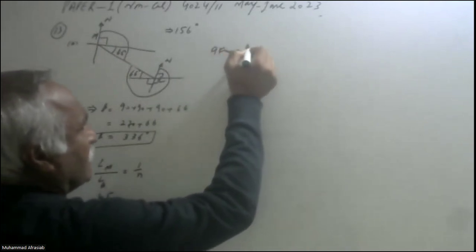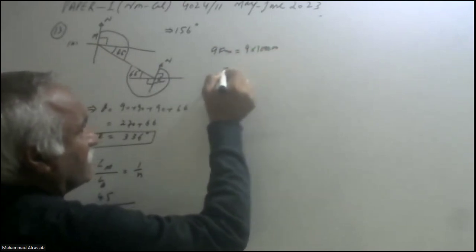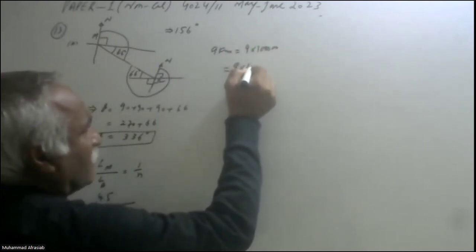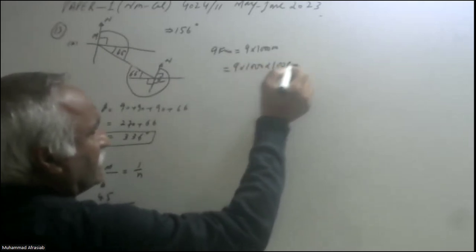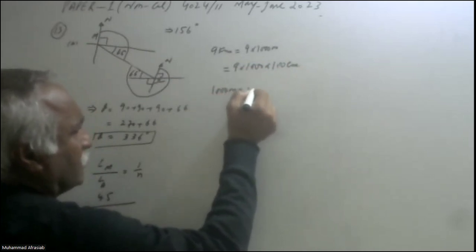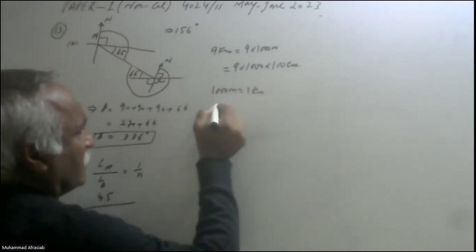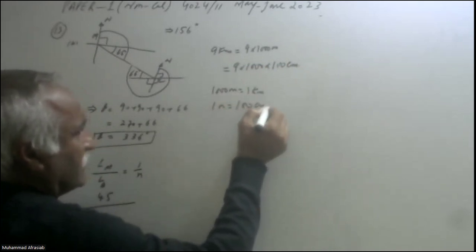So which is 9 into 1000 and that would be meter. 9 into 1000 into 100 and that would be centimeter because 1000 meter is equal to 1 kilometer and 1 meter is equal to 100 centimeters.